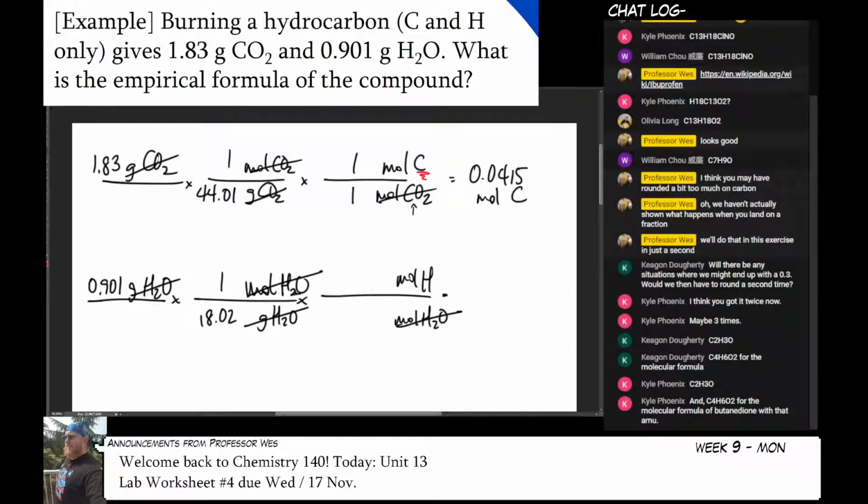Nobody cares, right? And then in 1 mole of water, there are 2 moles of hydrogen. This is the important one. Make sure that you don't accidentally forget that this 2 is here, because remember, there are 2 hydrogens per water. Again, I'm not testing you on this, but that's okay.